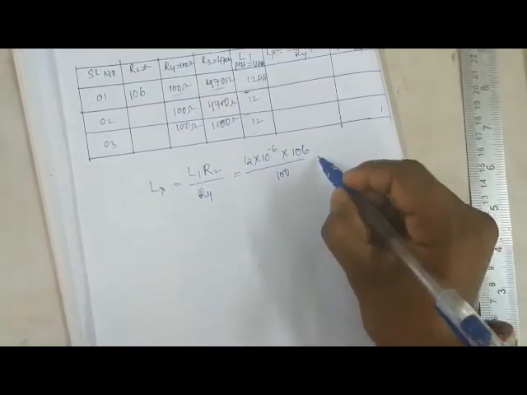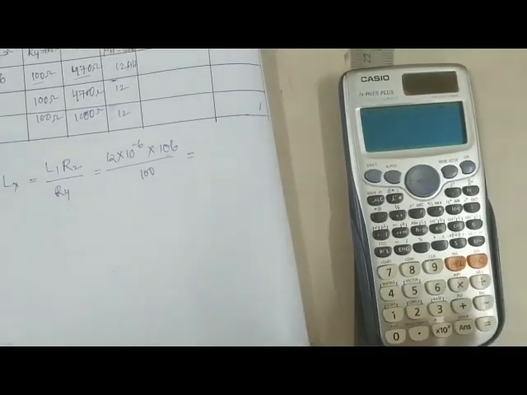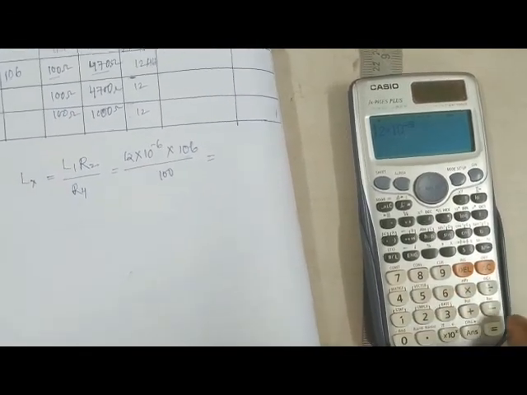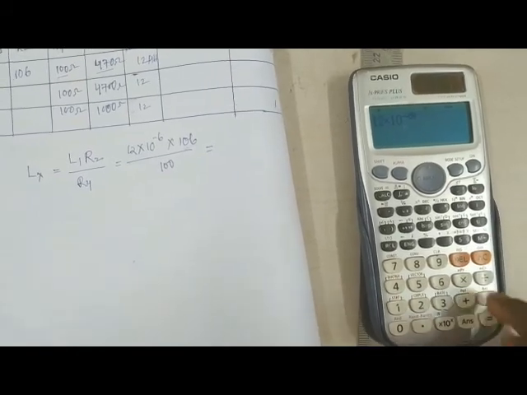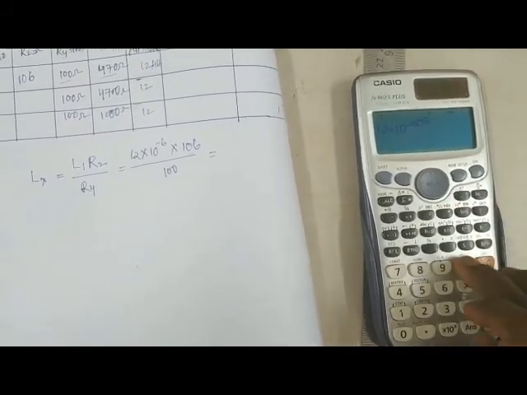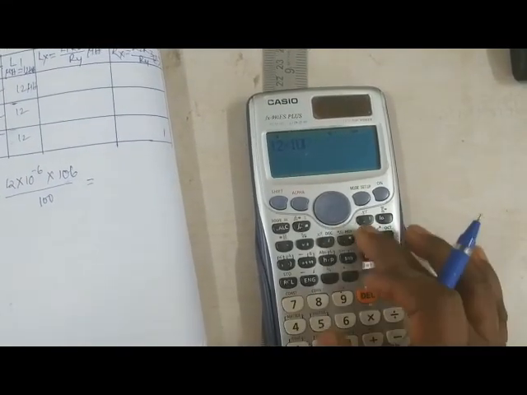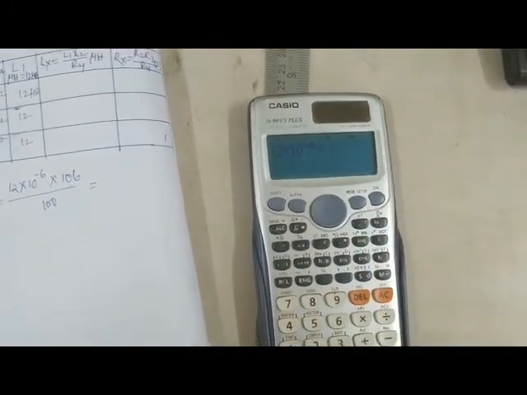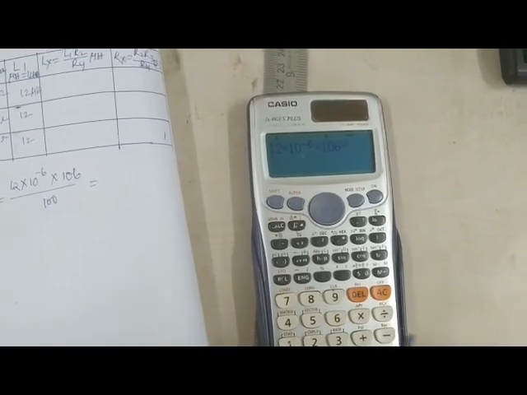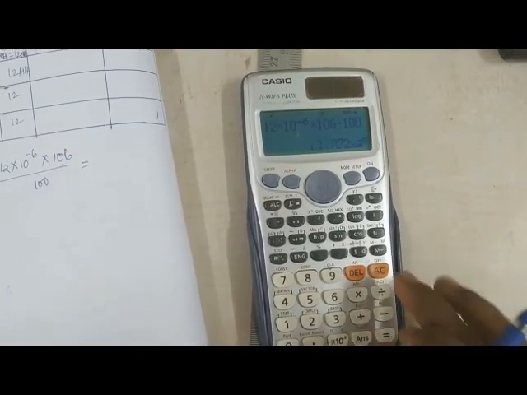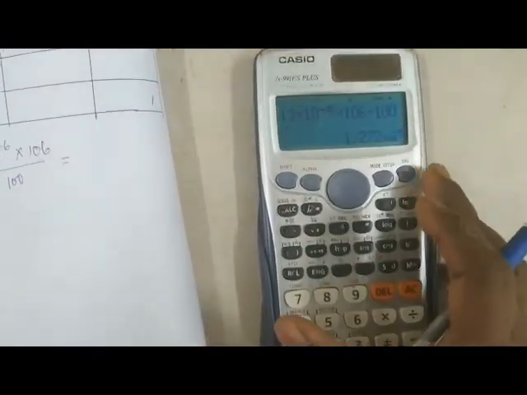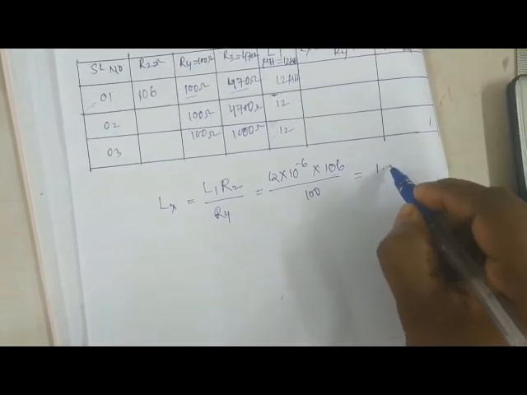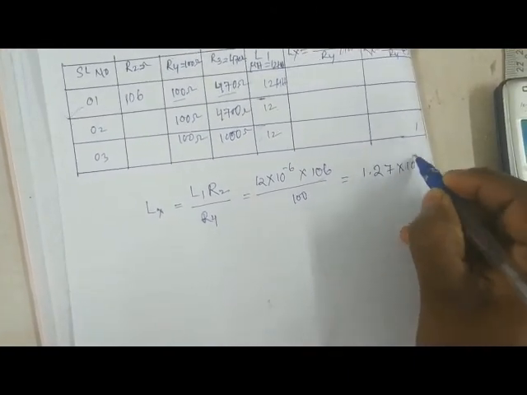Then by using the calculator, 12 into 10 to the power minus 6, into 106, divided by 100, equals 1.272 into 10 to the power minus 5, about 1.27 into 10 to the power minus 5.